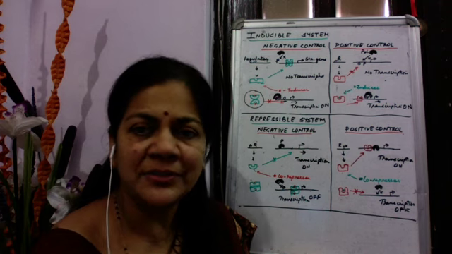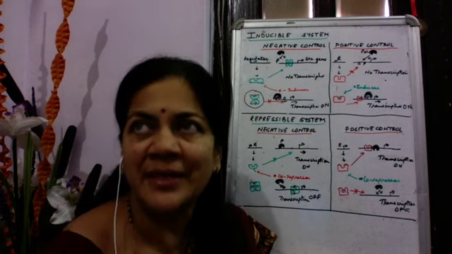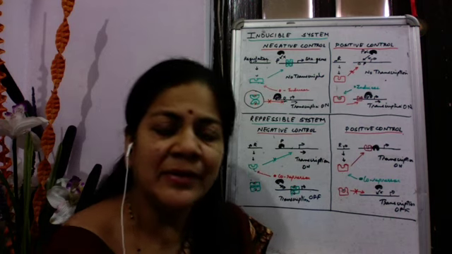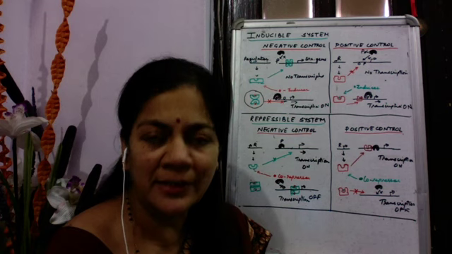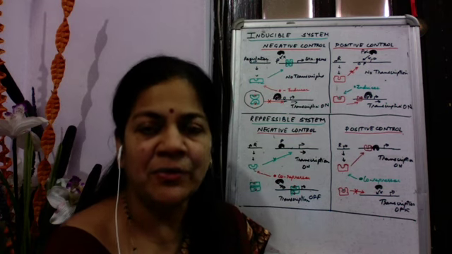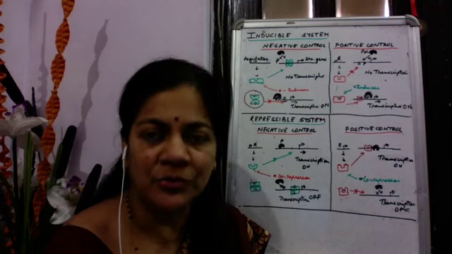Now, this process of turning on a gene expression is called induction. Generally, induction of a gene takes place in a catabolic pathway, where there is a substrate which has to be catabolized for use.